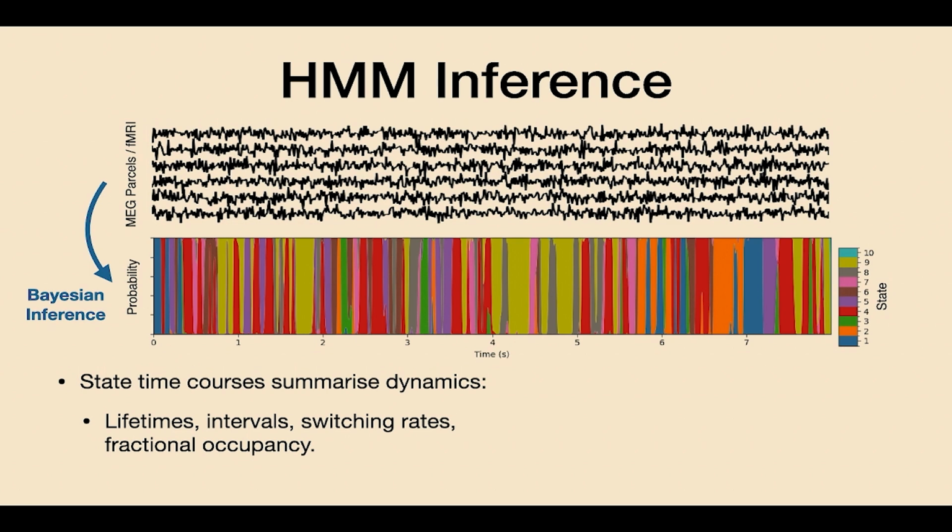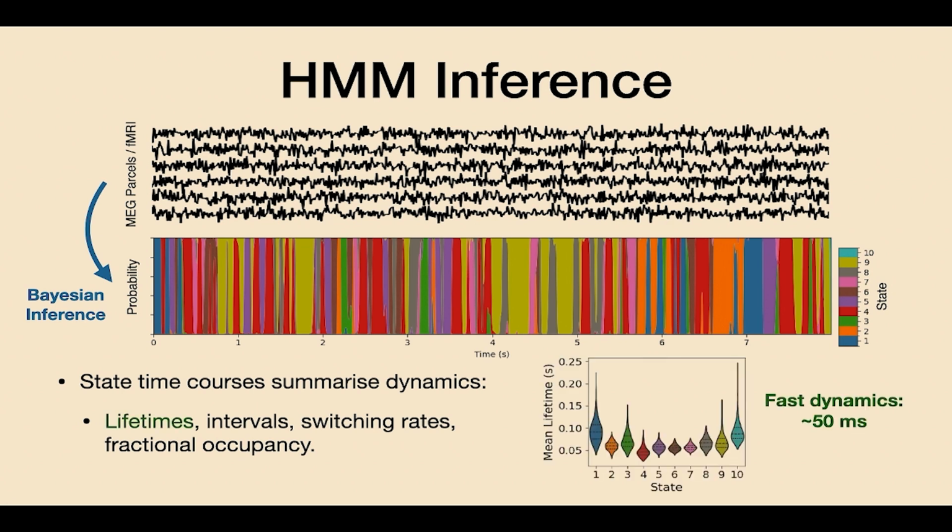This gives you a useful tool, or summary features of dynamics, which you could then use for downstream tasks such as comparing or characterizing individuals, comparing healthy versus disease, or whatever you're interested in. So these are dynamic features which could be biomarkers for certain things.